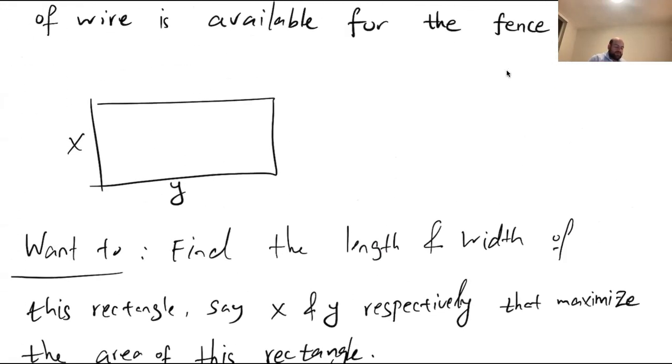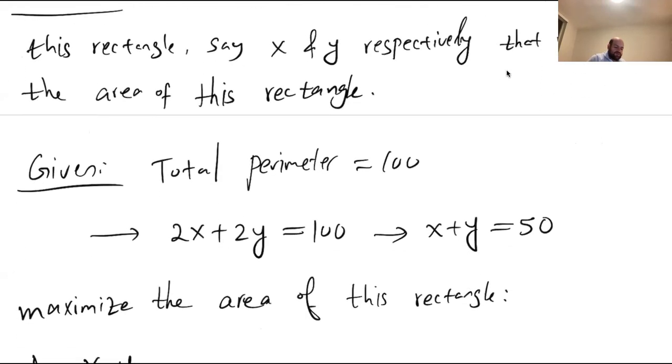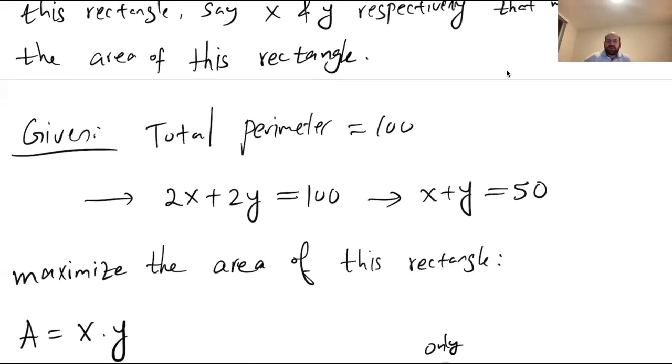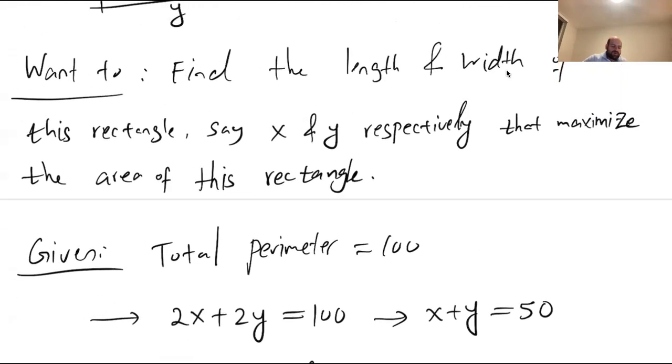Total perimeter of the rectangle, 2X plus 2Y equals 100. If you simplify this, divide both sides by 2, we get X plus Y equals 50. And what is the quantity that we want to maximize? We want to maximize the area of the rectangle, and the area of the rectangle, of course, we know is X times Y, length times width.